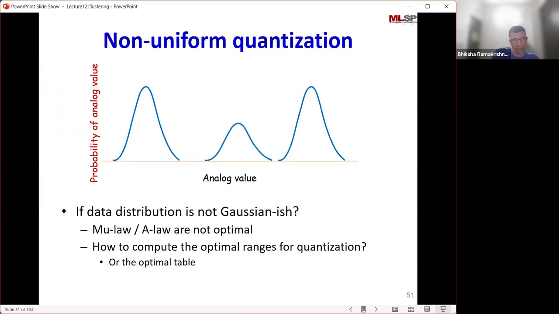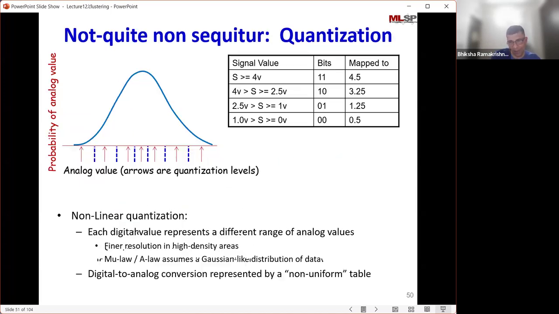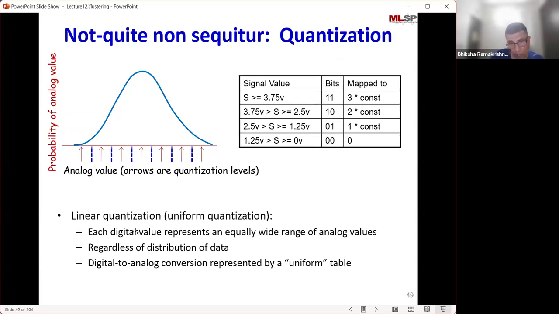Okay. So why? Simply because if I'm using only, let's say, 2 bits to store my data, then you want the average error across all of your data to be minimized, correct? And which of these would give you lower average error?